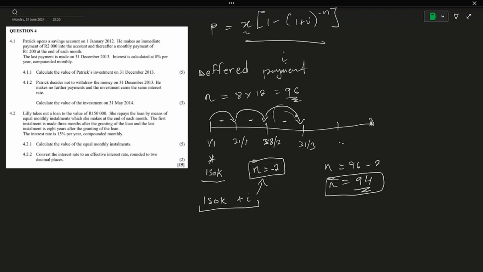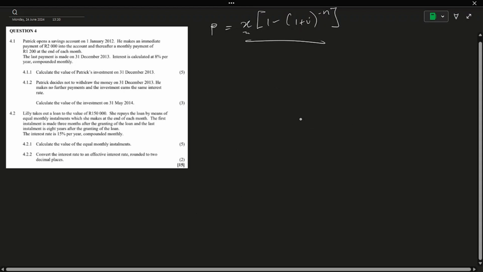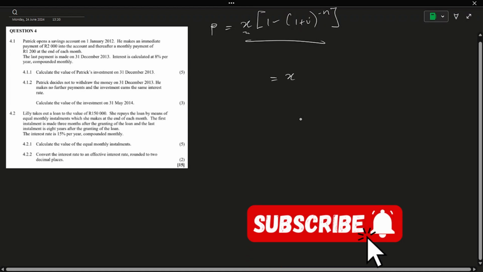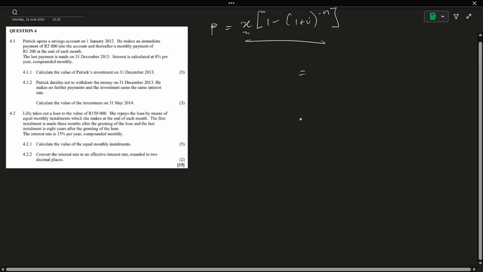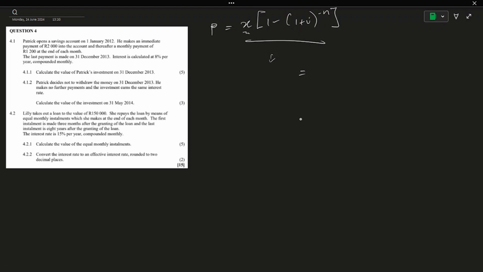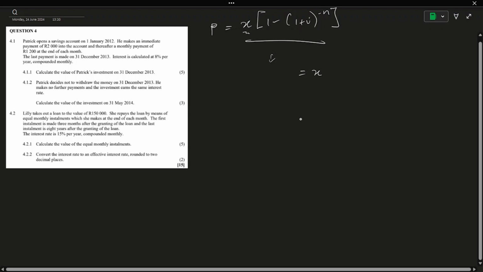I am going to erase this. Right, now our formula is like this. Let's first write this side before I write that side. So let me create some space. Let's say equal sign. We know that on this side we will write something like 150k plus I, but I want us to write it in a nice financial mathematical way. So here we're going to have x because we are solving, calculating the value of the equal monthly installments.